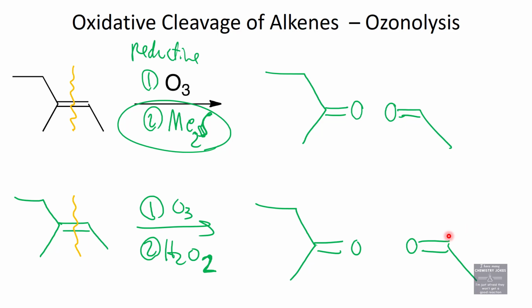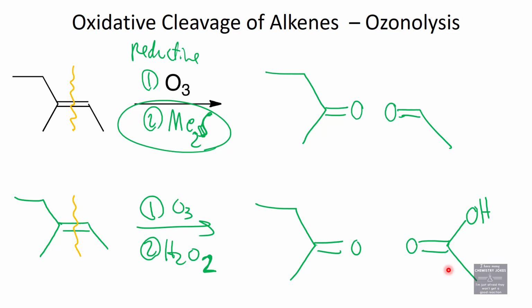Because that has a hydrogen, this oxidative workup causes further reaction, and that further reaction causes further oxidation to yield this compound on the right. This is a carboxylic acid. With reductive, it's an aldehyde. With oxidative, it's a carboxylic acid.